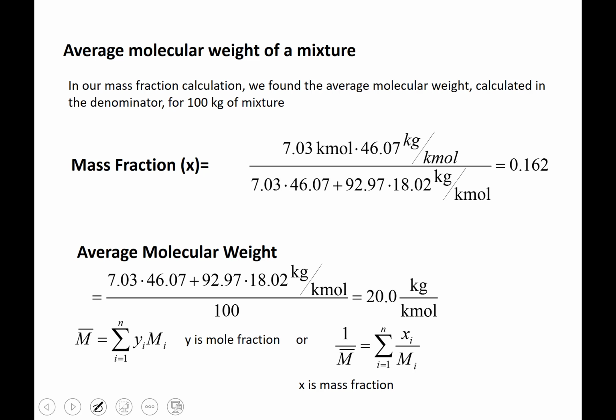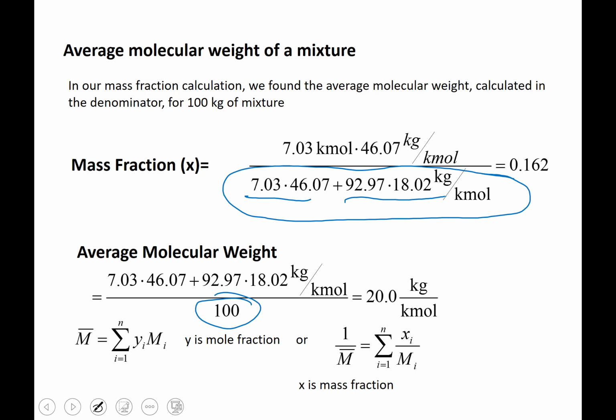So how do we calculate the average molecular weight? It turns out we actually did calculate the average molecular weight already. We made this calculation in the denominator. The only thing we need to do with that is divide by the basis. Remember, we chose a basis of 100 kilogram moles. If we take this mass times the molecular weight of each species in the solution, note that this plus this adds up to our basis of 100.